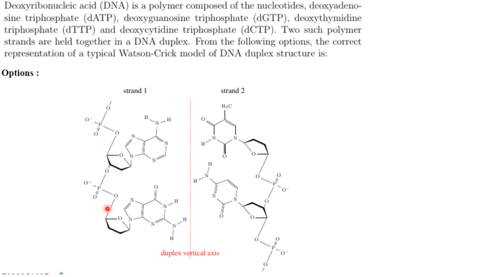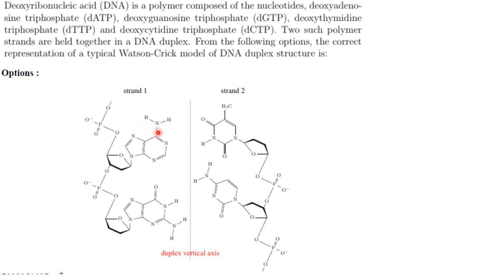So this is the 5' phosphate. It is connected to the 3' carbon atom of the other nucleotide. So here also the 5' phosphate is connected to the 3' carbon atom of the next nucleotide.